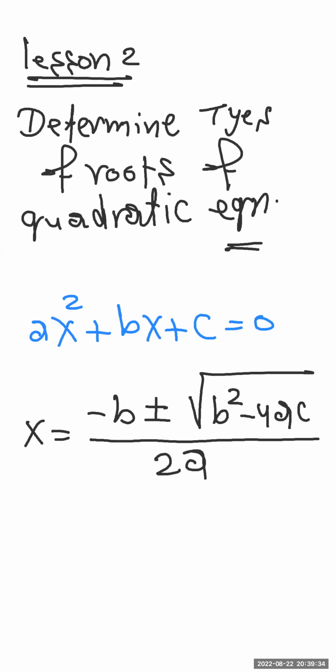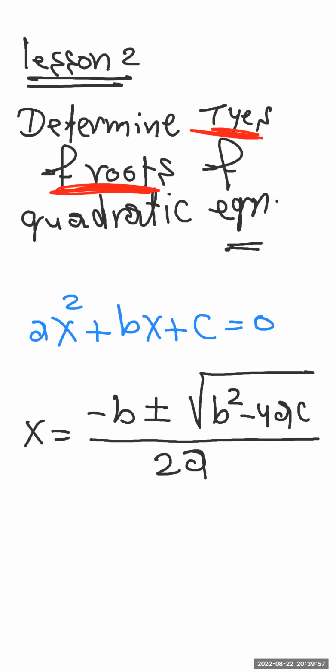Okay. So now, without solving the equation or without getting the two roots, we can know the type of these two roots. How can we get the type of the roots without solving the equation? Simply, there's one solution for that.